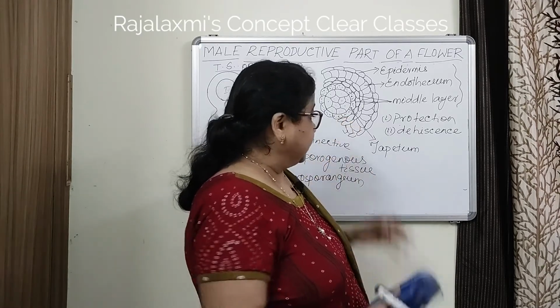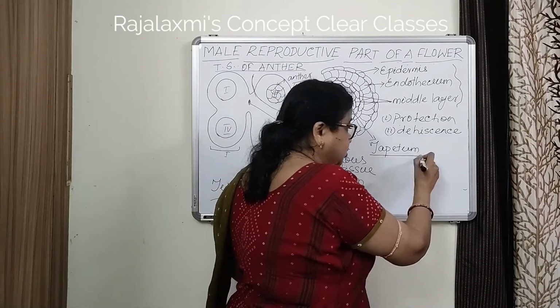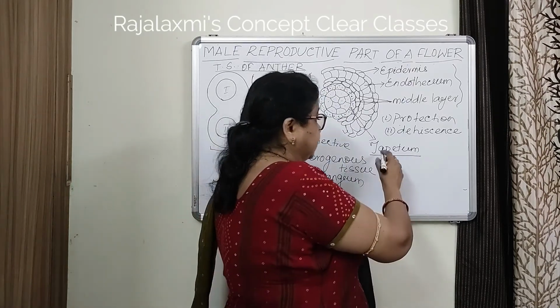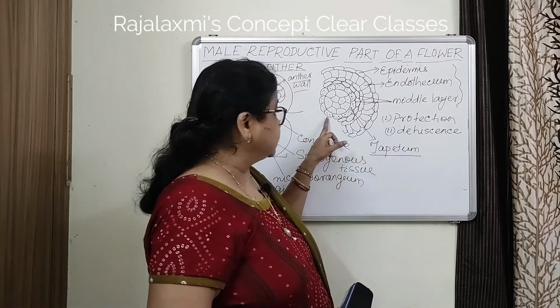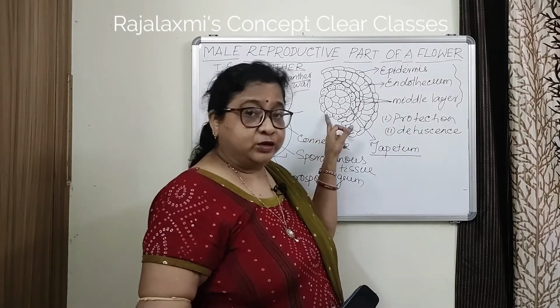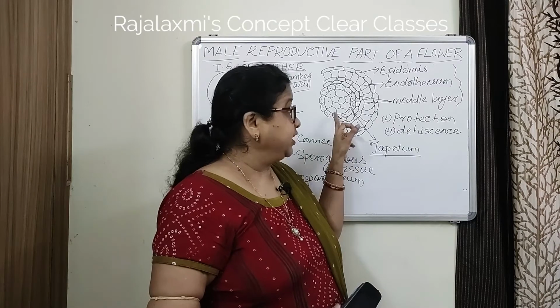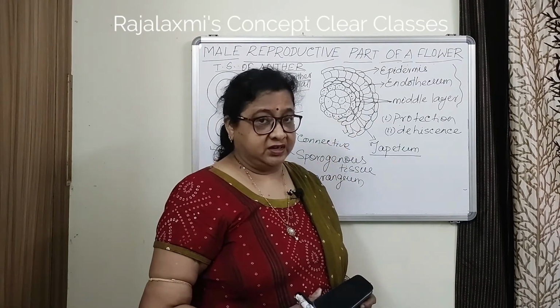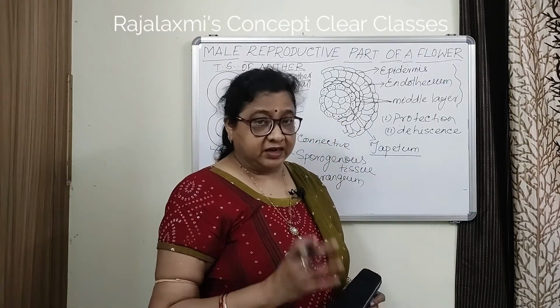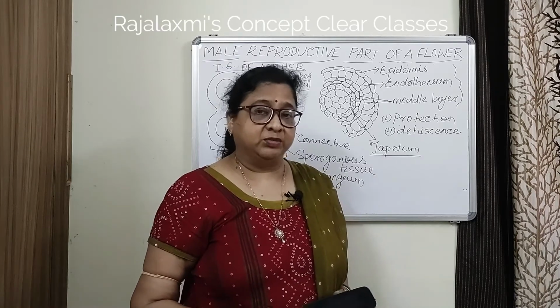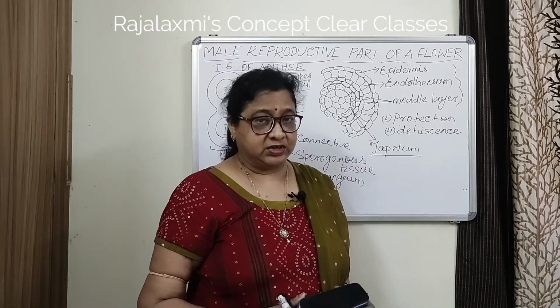And the innermost layer, that is the tapetum, is the most important wall layer, and it consists of the cells that is either binucleate or multinucleate and filled with food materials. These cells provide food or nutrition to the developing microspores.